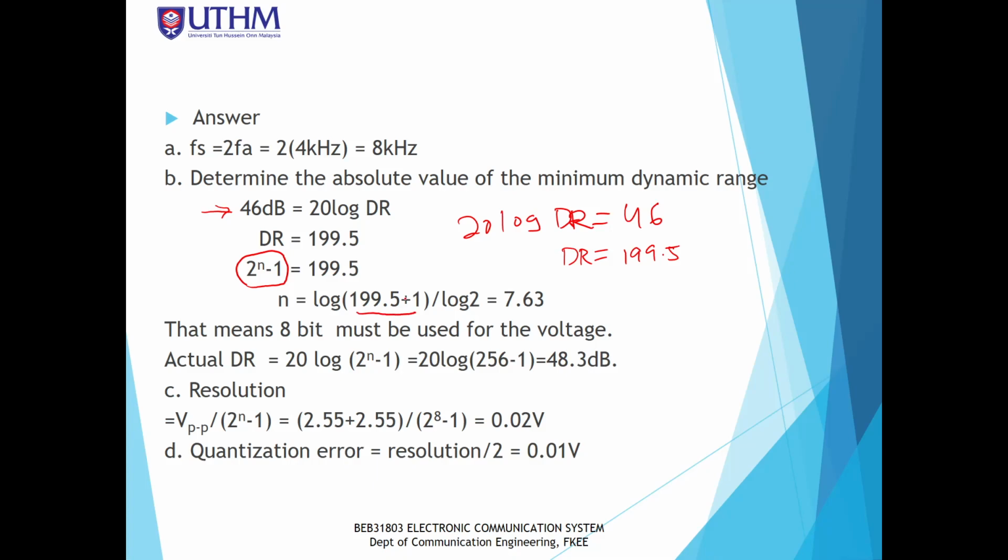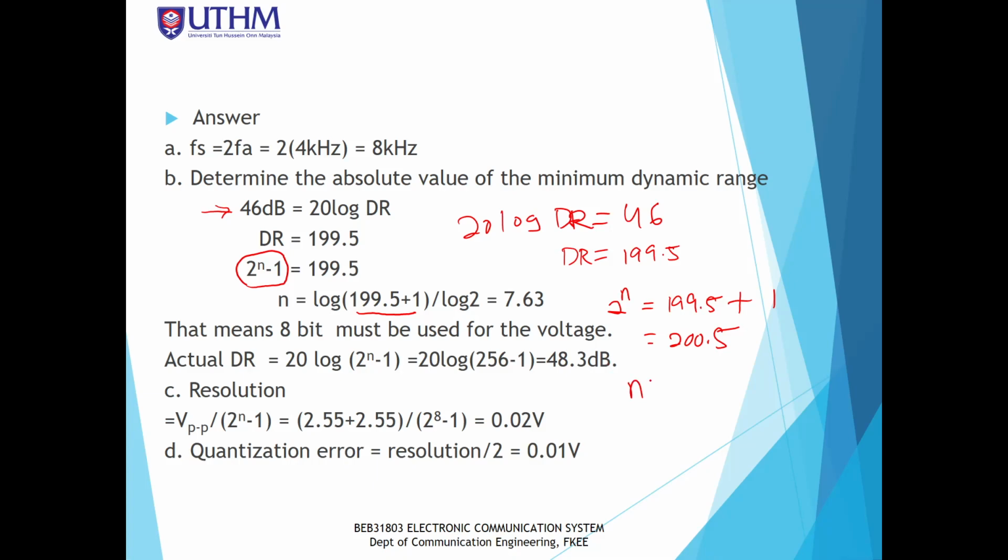Then we can find n by taking the log on both sides. So 2 to the power of n is equal to 199.5 plus 1, which is 200.5.